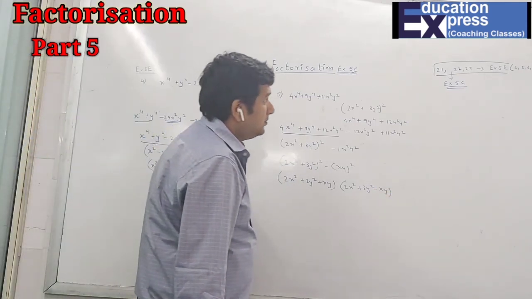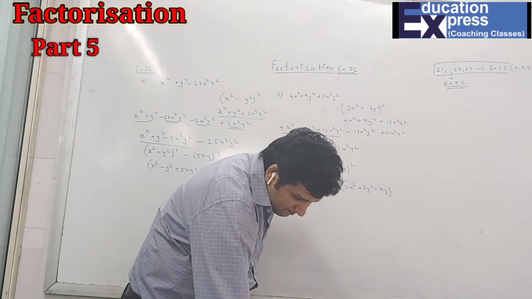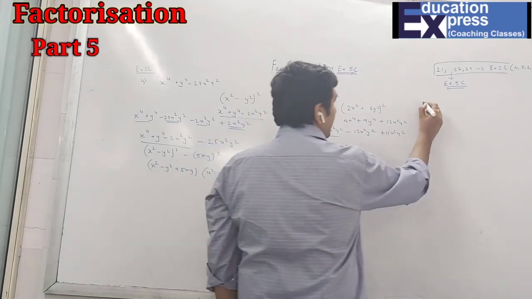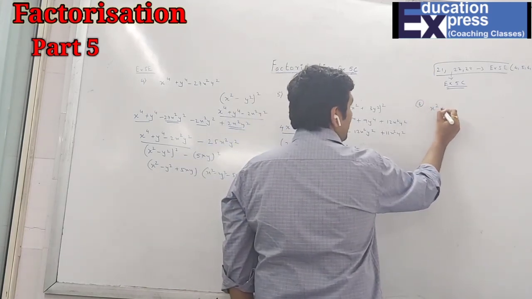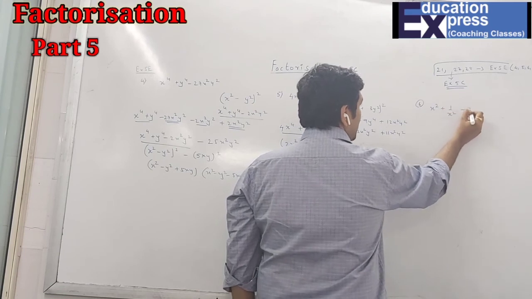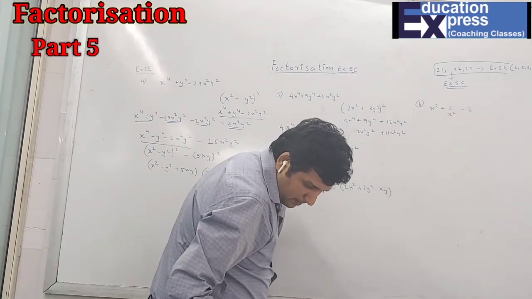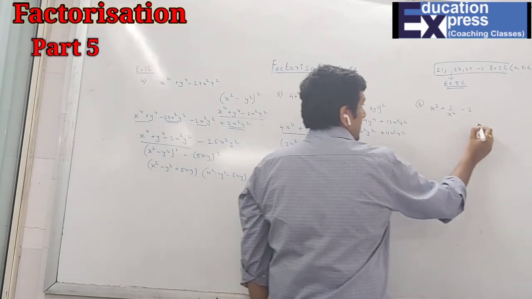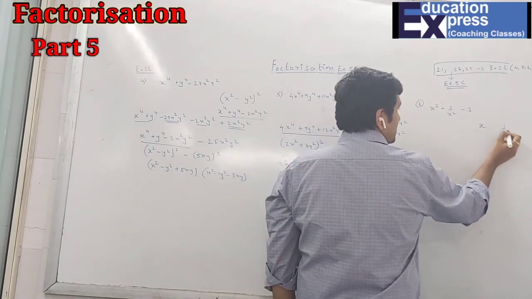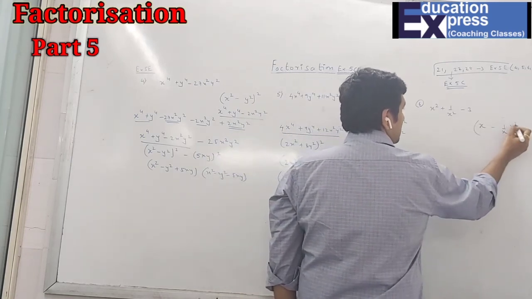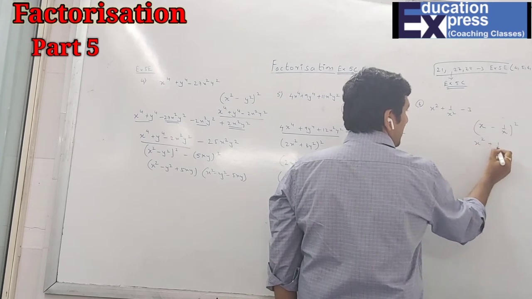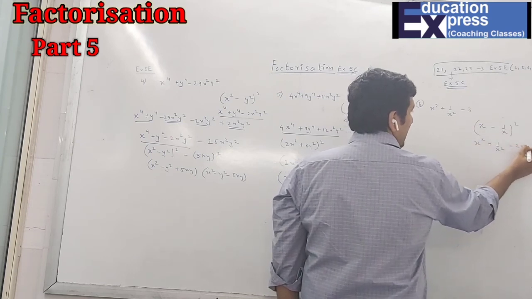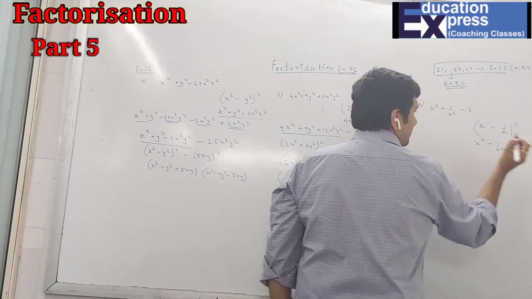Now the next sum, sixth sum. x square plus 1 upon x square minus 3. So x, then 1 upon x, the sign of the square is minus. So you get x square plus 1 upon x square minus 2ab.